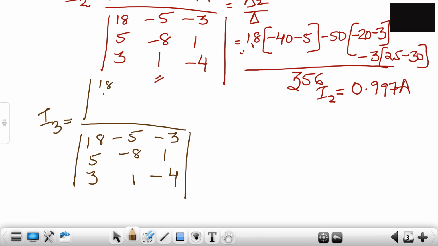So it will be 18, 5, 3, minus 5, minus 8, 1, and the third column gets replaced by 50, 10, 5.